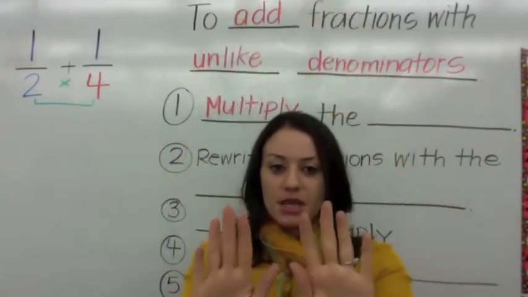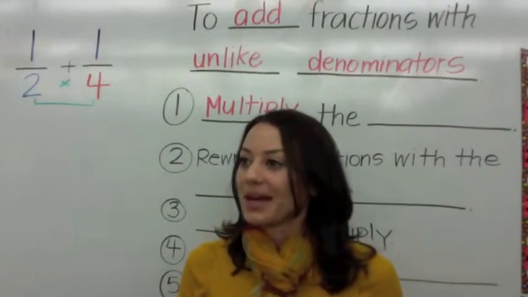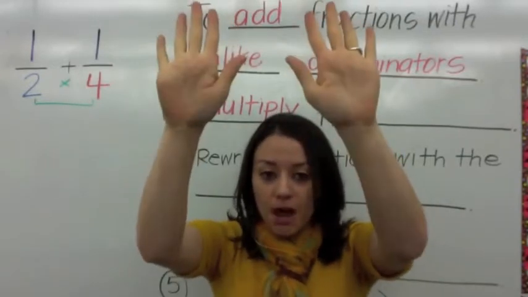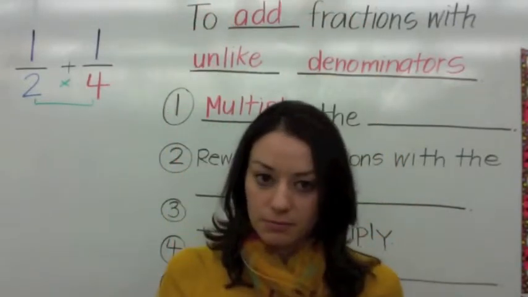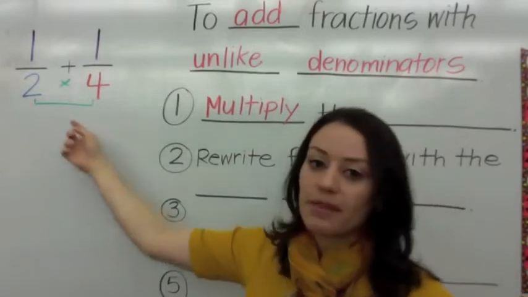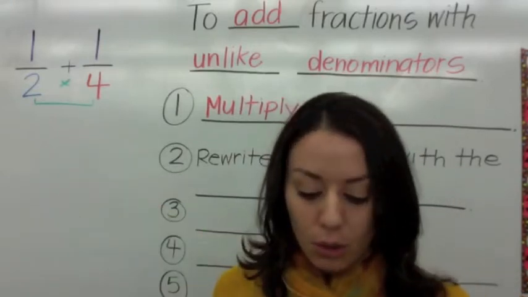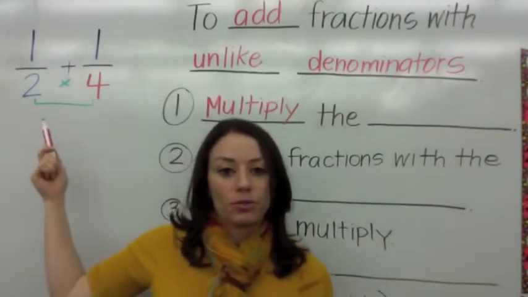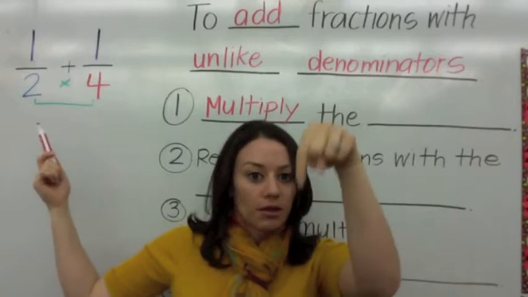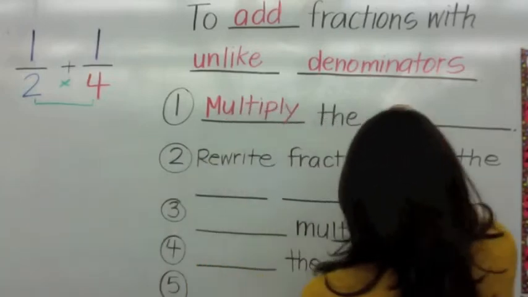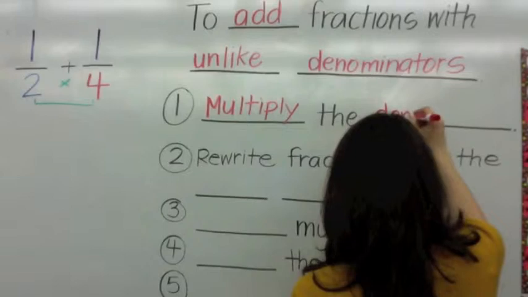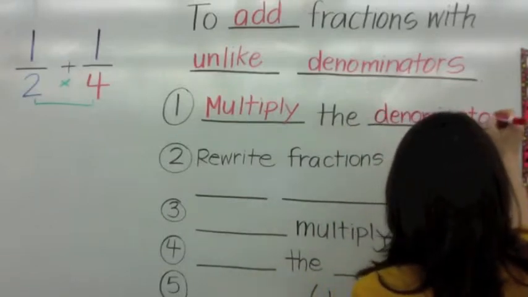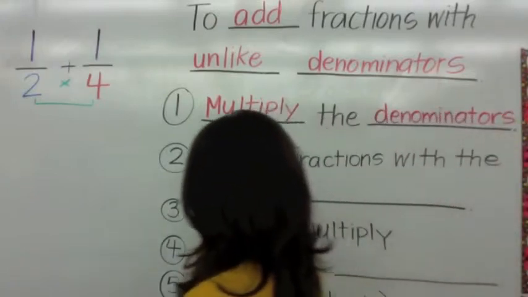Numerator top, denominator bottom. Say it with me one more time. Numerator top, denominator bottom. So if I tell you to multiply the bottom numbers, what do you call those numbers in a fraction? The numerator or the denominator? The denominator, bottom. So multiply the denominators, okay?